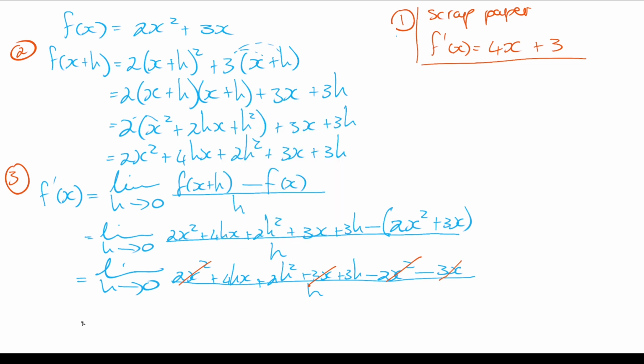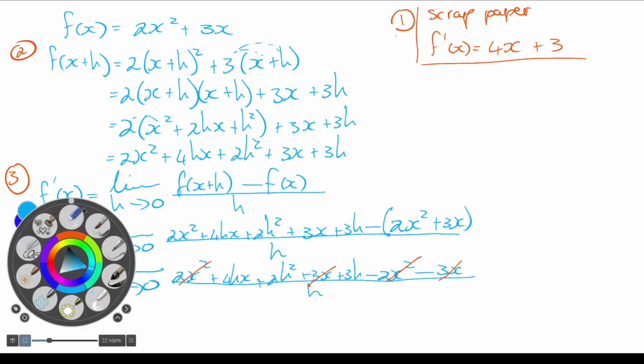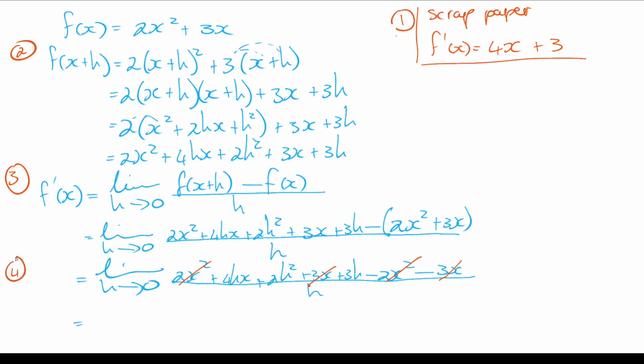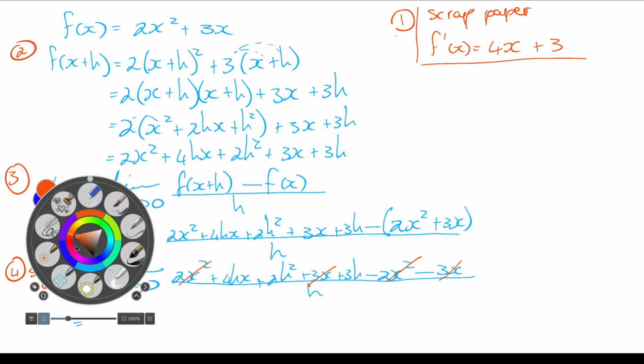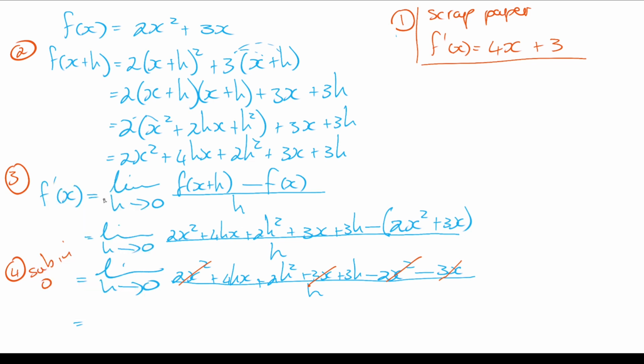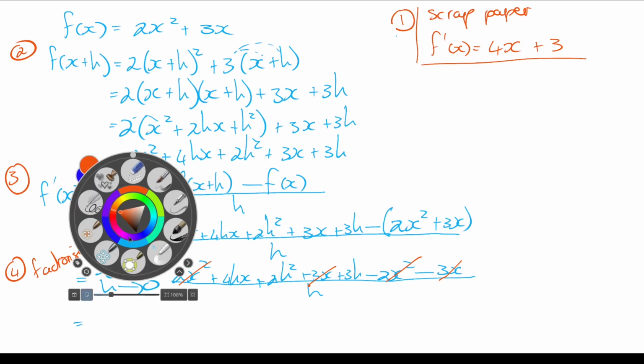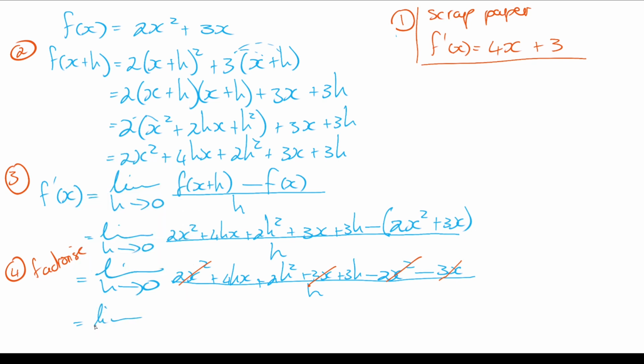All right, my next step is, let's call this my fourth step, factorize. So we have the limit as h tends to 0.